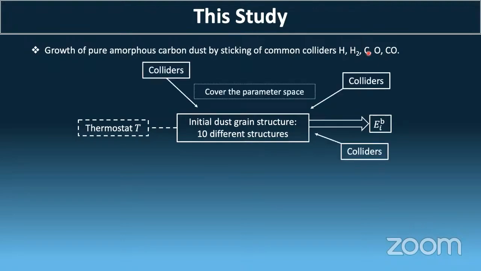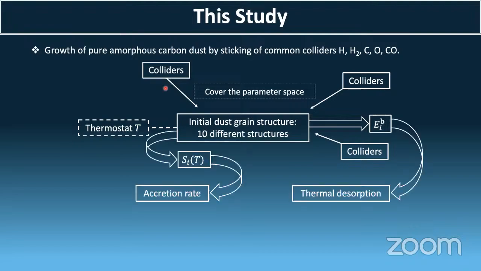On top of that, what we want is the sticking. So we have to add those colliders and make them hit the surface at thermal velocity following Maxwell-Boltzmann for the temperature of the gas. What is important here is to have enough colliders and to scan the whole parameter space, so basically all the possible angles and all the possible velocities following the Maxwell-Boltzmann distribution, to be sure that we have a good approximation of the sticking coefficient.